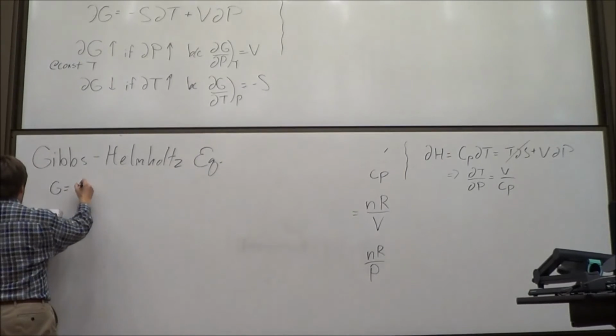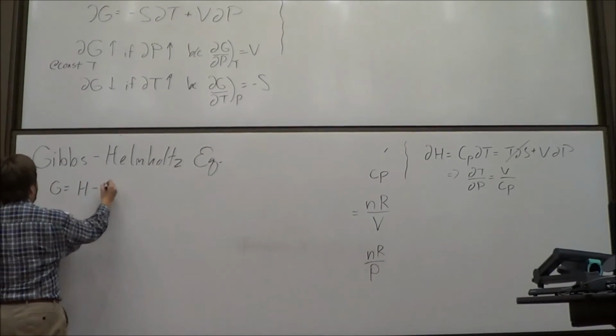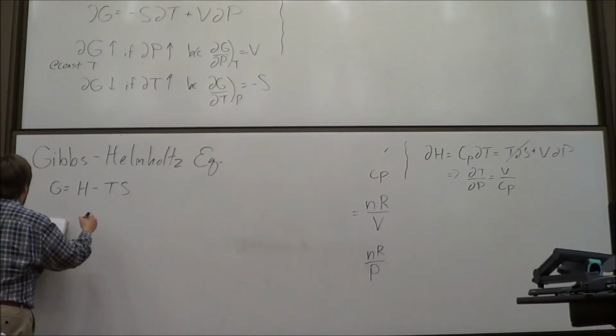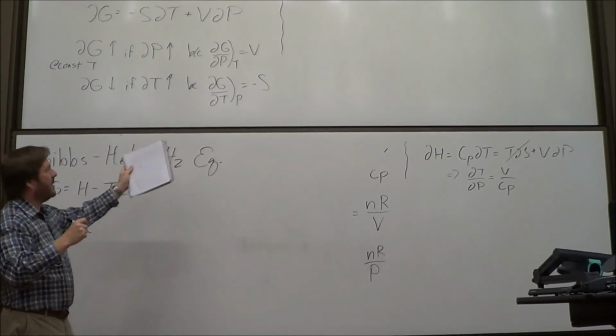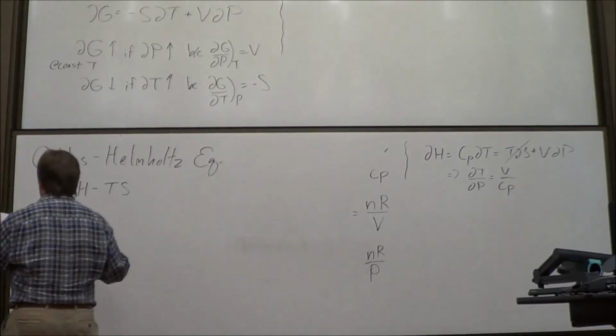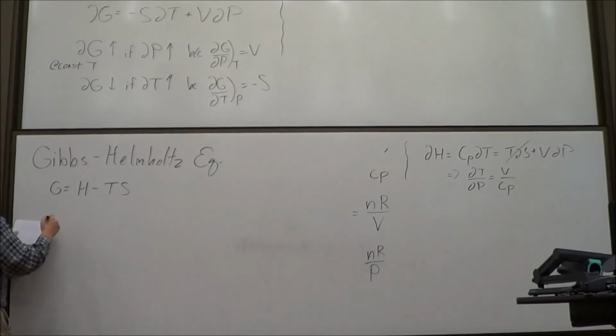And to do that, I want to remind you that G is H minus TS. Remember, that's the Legendre transform. And so what I can do is try to figure out what S is, right? If I can replace S with something manageable, then maybe this wouldn't be such a big problem.